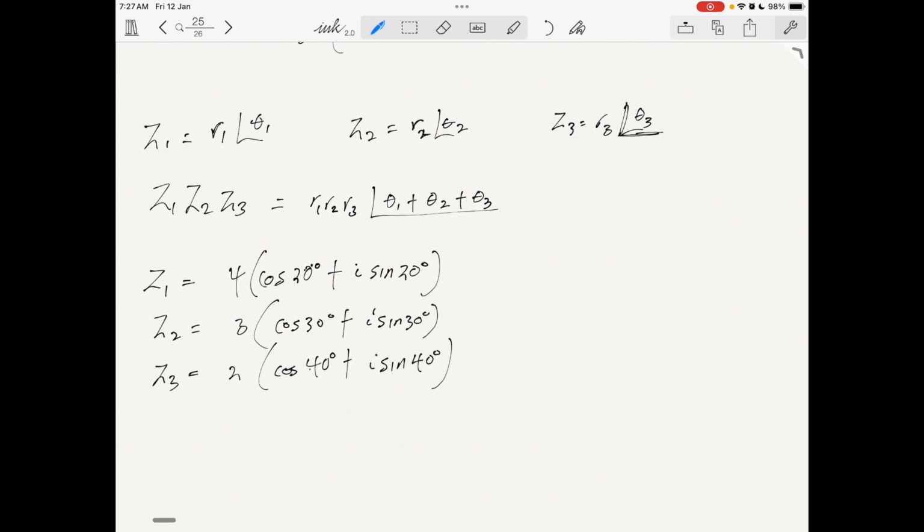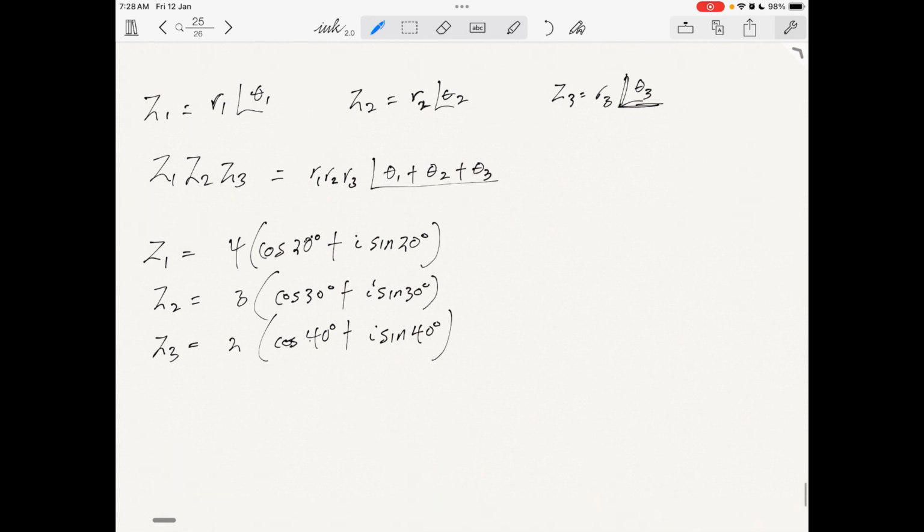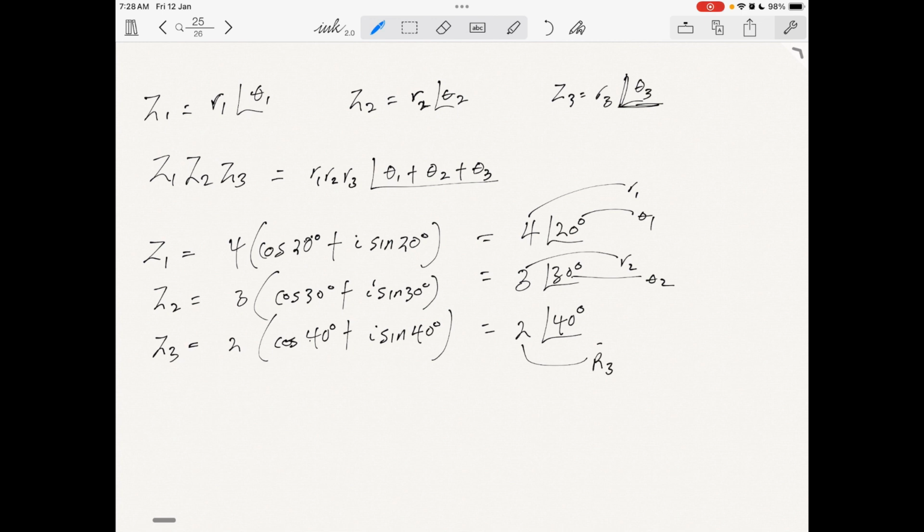Now, all we have to do is multiply the r's and add the angles. So we can reduce this further. This is 4 argument 20 degrees, this is 3 argument 30 degrees, and finally this is 2 argument 40 degrees. So this is our r1 and this is our theta1, this is our r2 and this is our theta2, and this is our r3, and this will be our theta3.